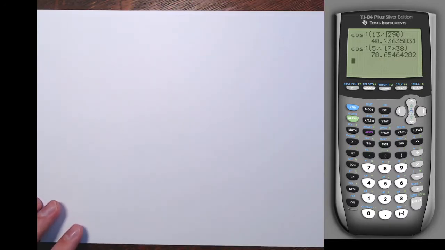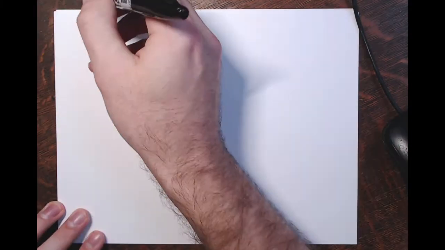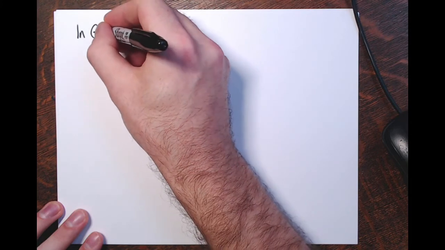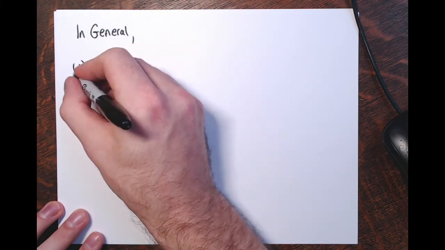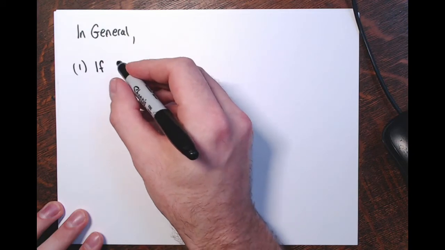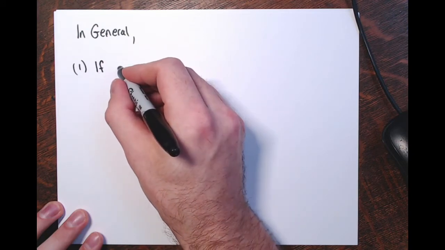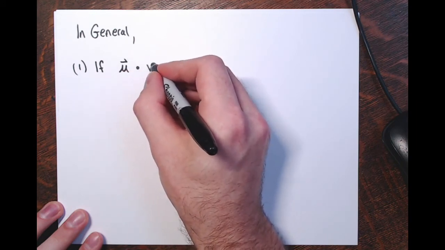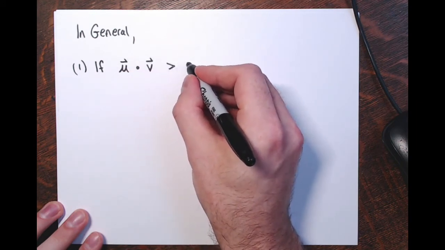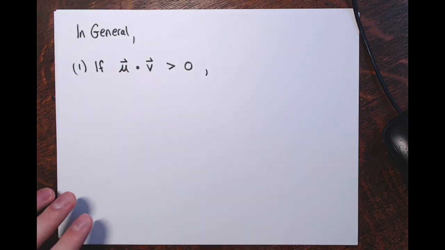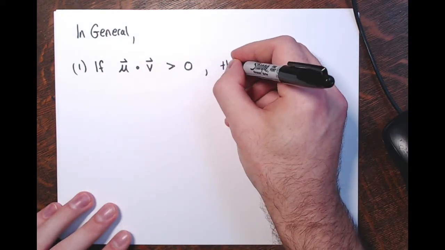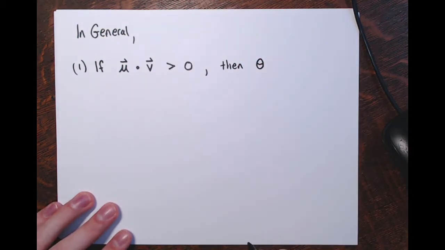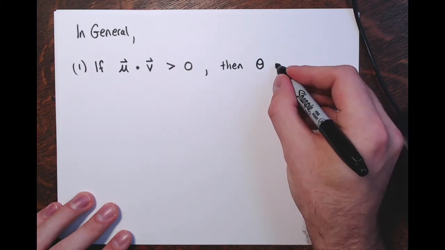So let me get rid of the calculator. So in general, if the dot product of two vectors, say, the vector u and v, is a positive number, then that theta, the angle between them, is acute.